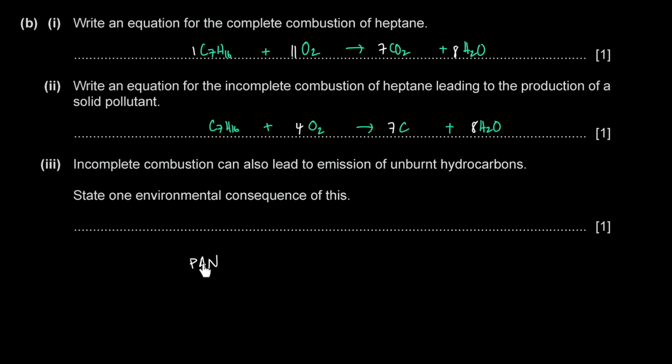This is a component of photochemical smog. So one of the major environmental consequences is that unburnt hydrocarbons react with oxides of nitrogen and lead to the formation of peroxyacetyl nitrate, which is basically a component of smog, photochemical smog.